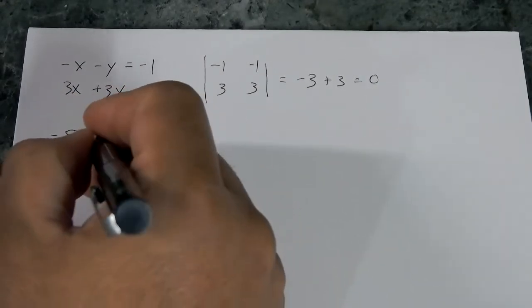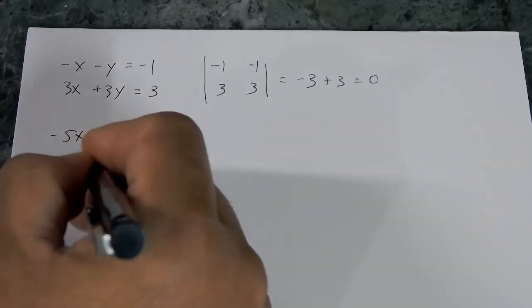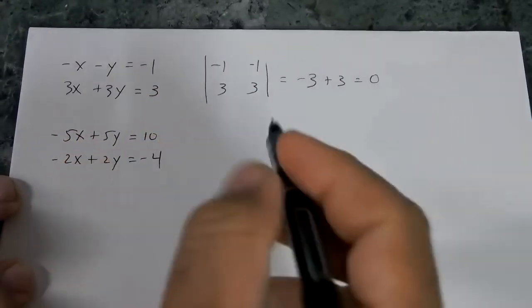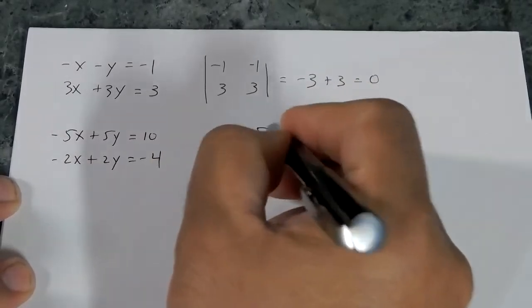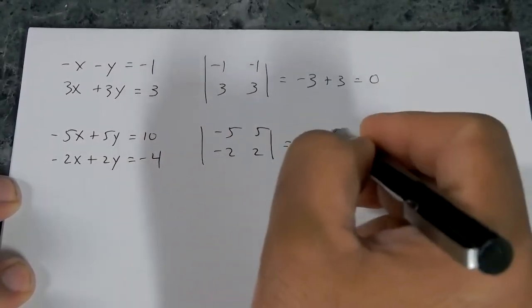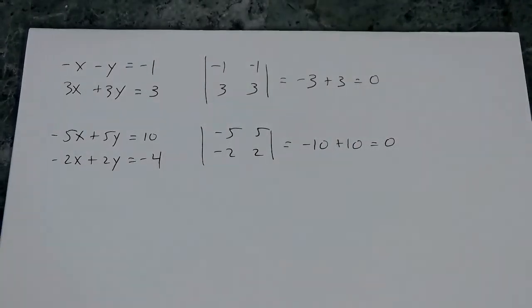Negative 5x plus 5y equals 10. Negative 2x plus 2y equals negative 4. If I do the augmented matrix, negative 10 plus 10. So how do I tell which one is no solution and which one is infinitely many solutions?